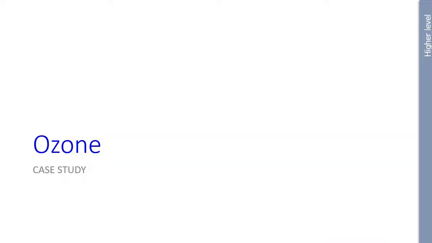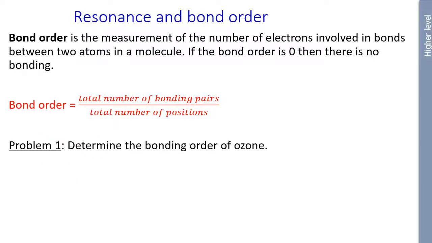So just to finish off, we're going to highlight the idea of formal charge and energy associated with sigma and pi bonds around ozone. Bond order is related to resonance, but first, bond order is a measurement of the number of electrons involved in a bond between two atoms in a molecule.